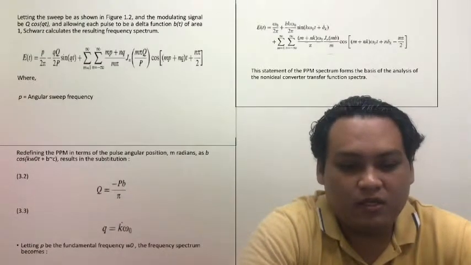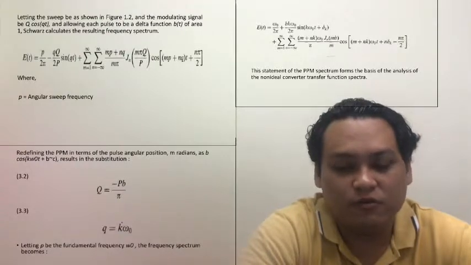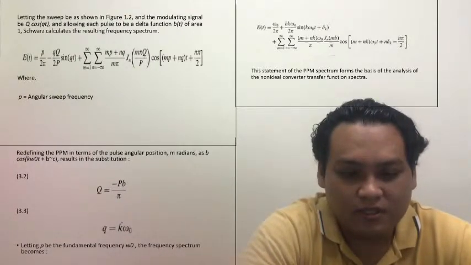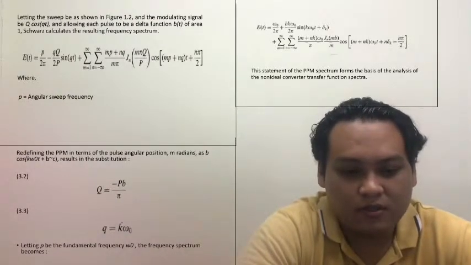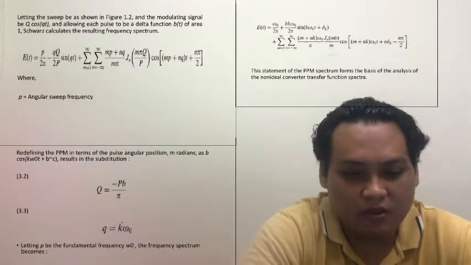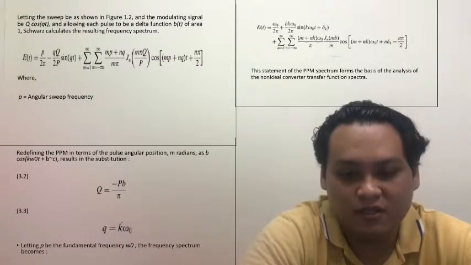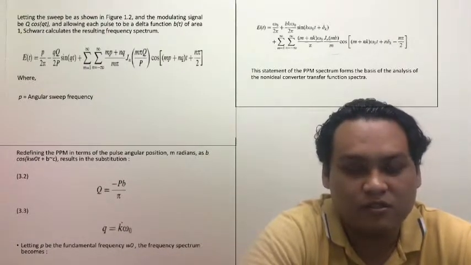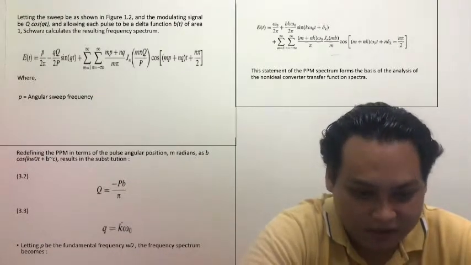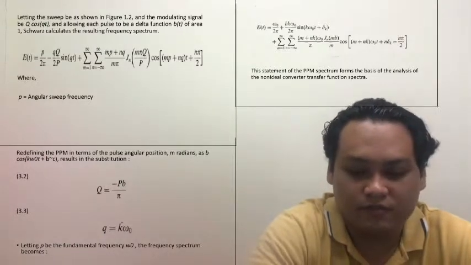Letting the sweep be as shown in figure 1.2 and the modulation signal Q cos(QT), and allowing each pulse to be a delta function of area 1, Schwartz calculated the resulting frequency spectrum.